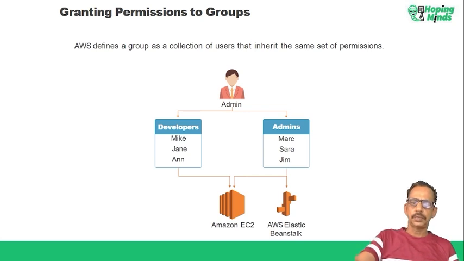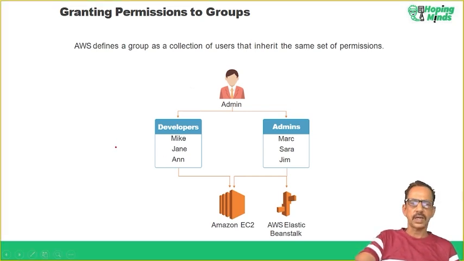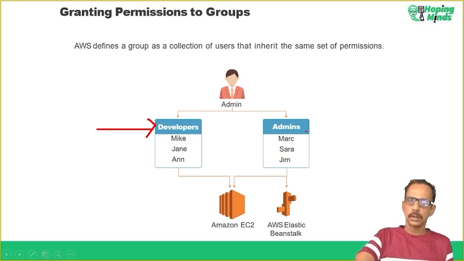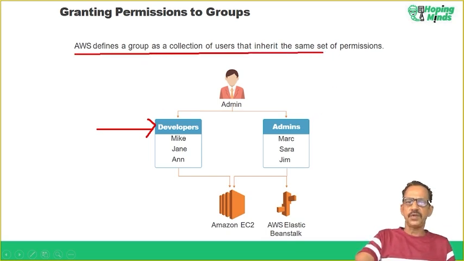This way, for a specific group we can assign specific permissions, like this group has a specific permission on one S3 bucket, or on EC2: which EC2 this person can log in to and what he can do there. AWS defines a group as a collection of users that inherit the same set of permissions. Already discussed that.